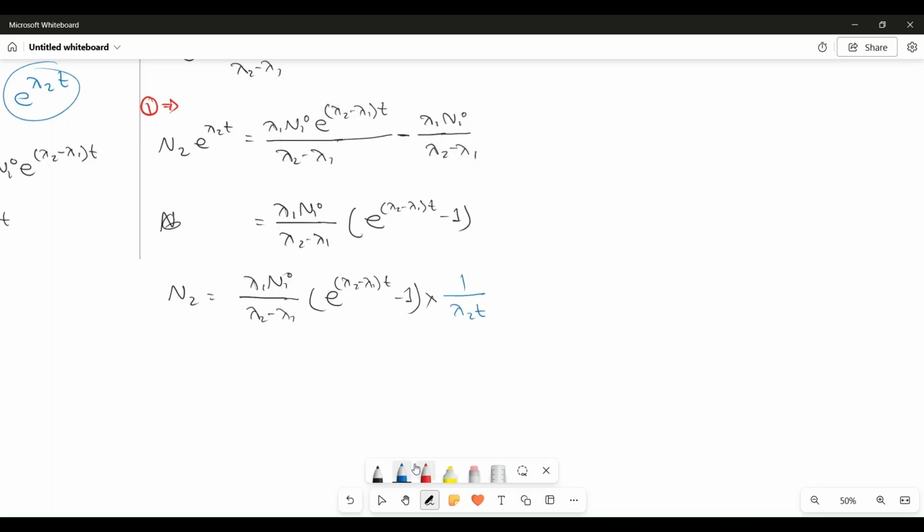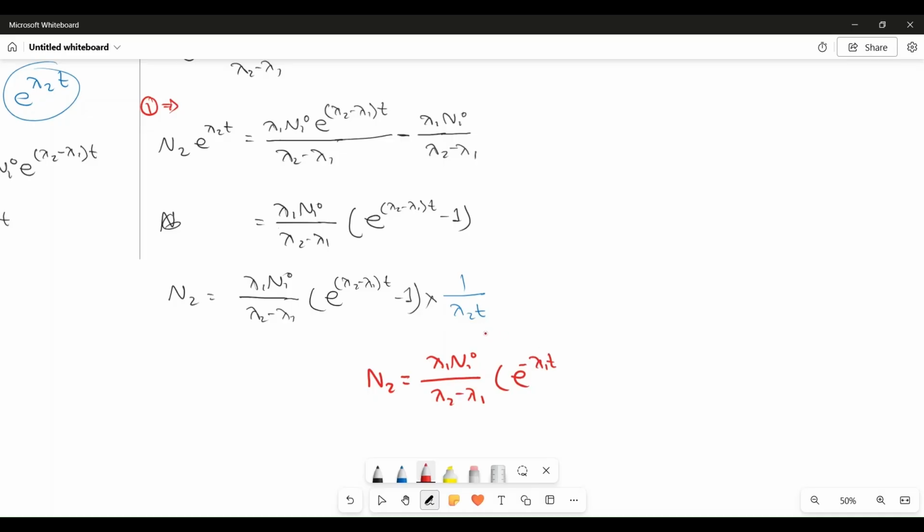Okay, so if we write this down, we will get N2 as lambda 1 N naught over lambda 2 minus lambda 1 e to the power minus lambda 1 t.